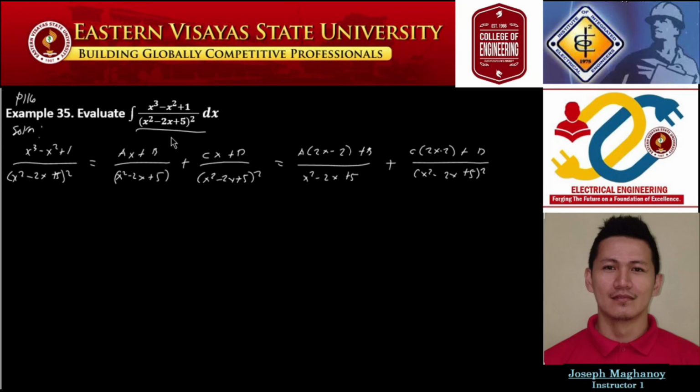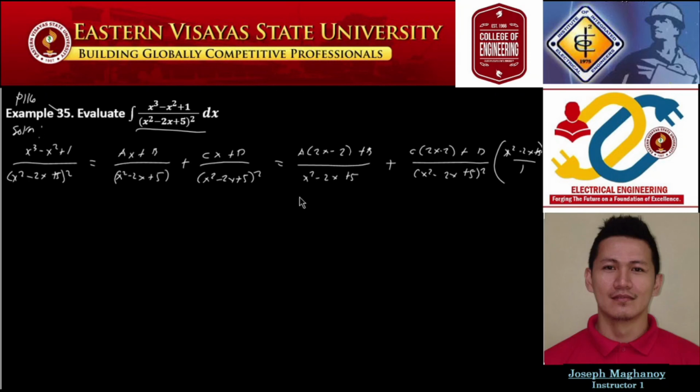Now, we need to write our equation. We multiply both sides of the equation by x squared minus 2x plus 5 squared over 1.